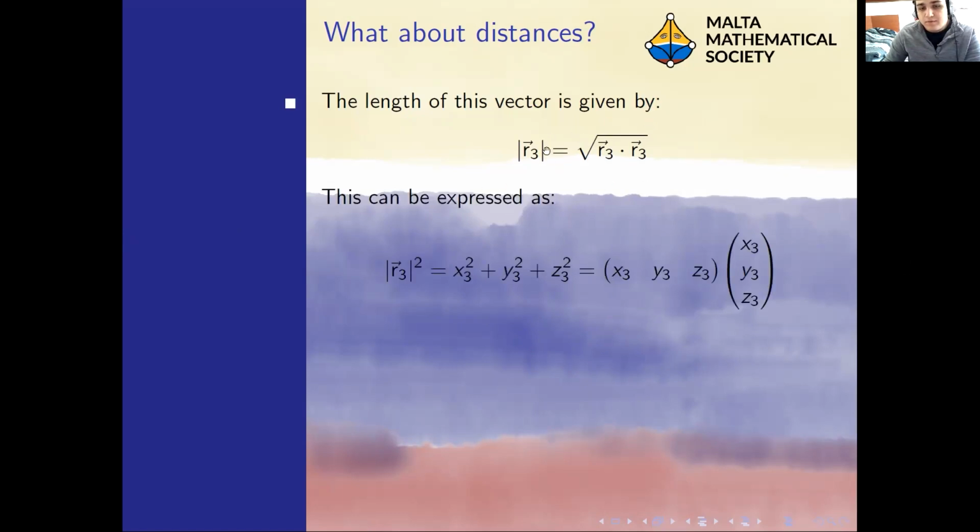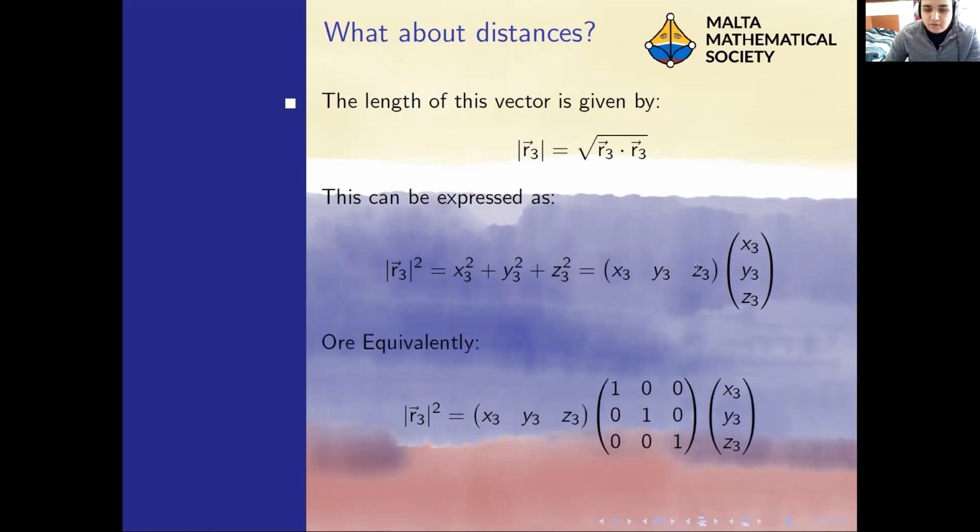If we square both sides, we end up with just the sum of the squares of the components, which can be rewritten in matrix notation like this: the transpose of R multiplied by R itself. But identically, you can put an identity matrix in between there, and it will remain exactly the same.